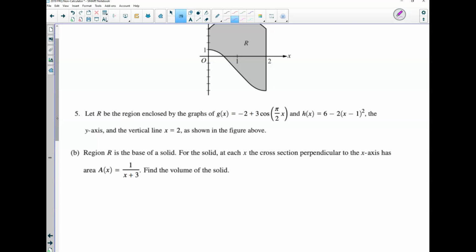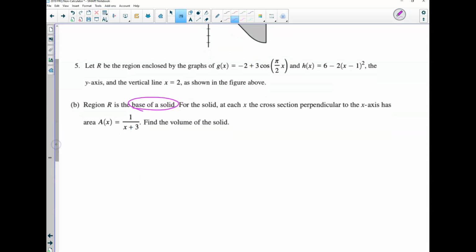Let R be the region enclosed by the graph g of x and h of x still. Region R is the base of a solid. Because it's the base of a solid, remember we're going to be integrating from a to b of my area function times dx, and each cross-section is perpendicular to the x-axis.